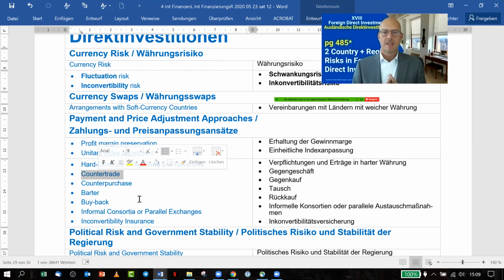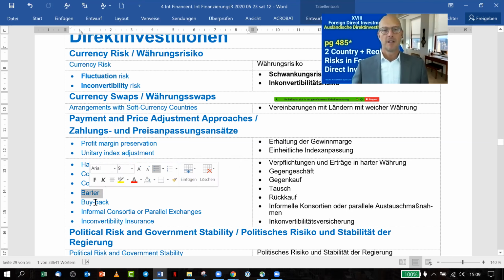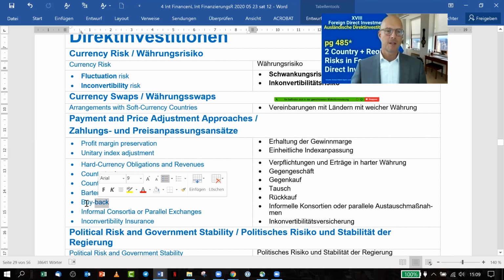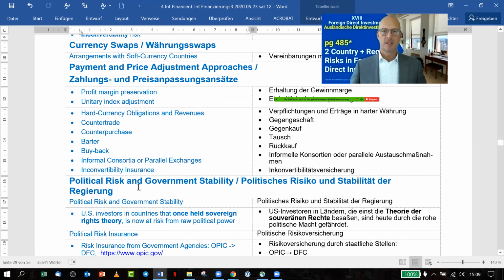So the governments of host countries and home countries sometimes have different approaches to have a balance between imports and exports, right? Sometimes they do counter purchase or barter. Bartering is also very common, or they buy back some other things, right? And these are the approaches that governments sometimes have to have a balance of imported and exported goods.